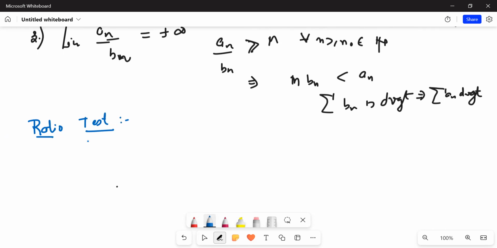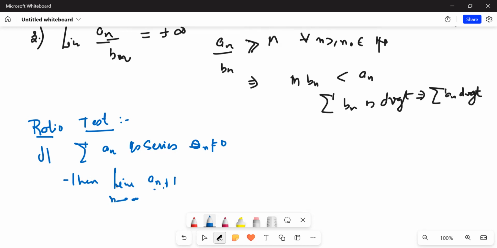One test is called the ratio test, which implies what? Which implies that if summation An is a series such that An is non-zero, then if we compare this, like limit An plus 1 upon An, and it turns out that it is equal to L, and if L is less than 1, then it implies that summation An converges.